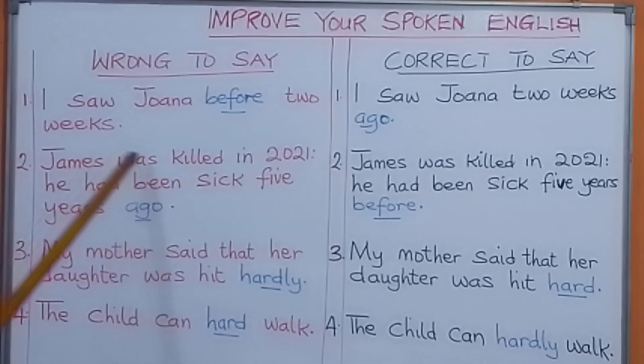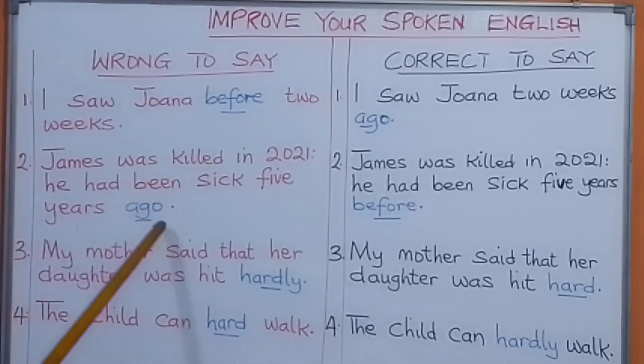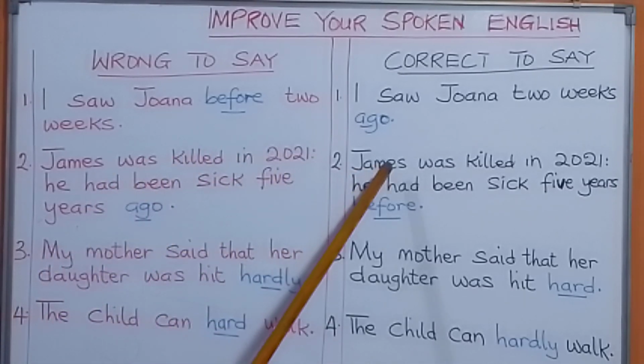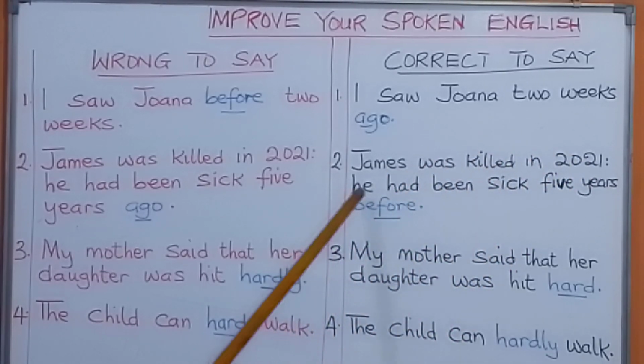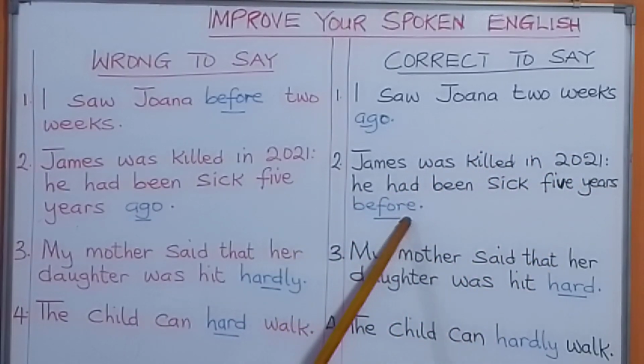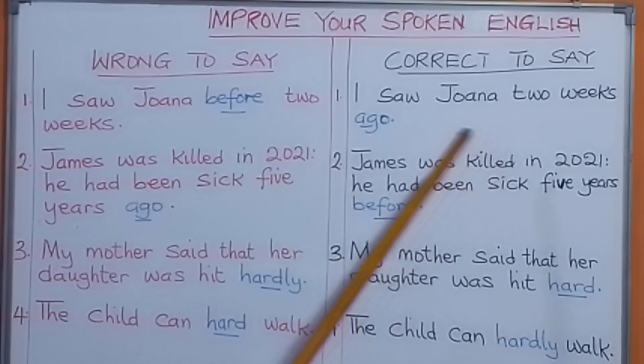You say, James was killed in 2021. He had been sick 5 years before. That is, he had been sick 5 years before the time he died. And that is how we put that.